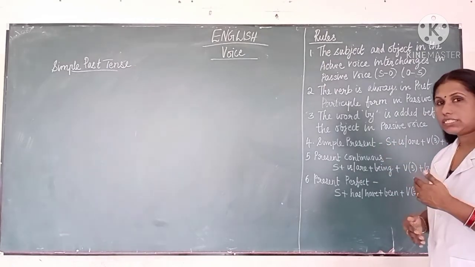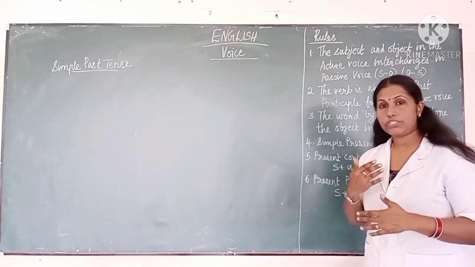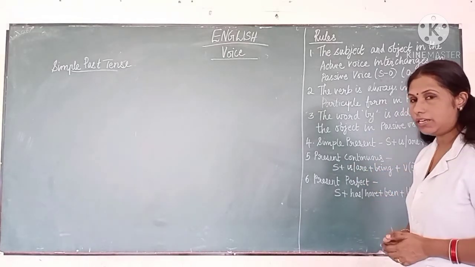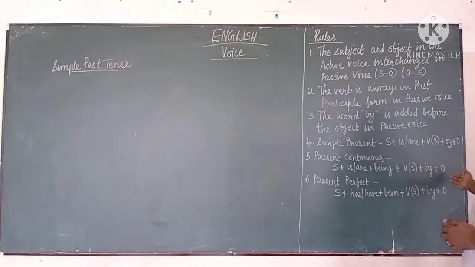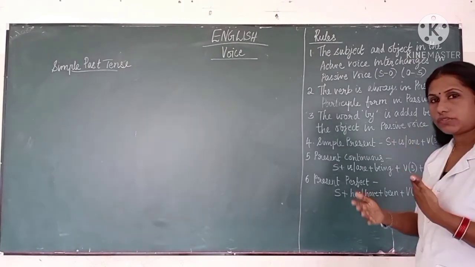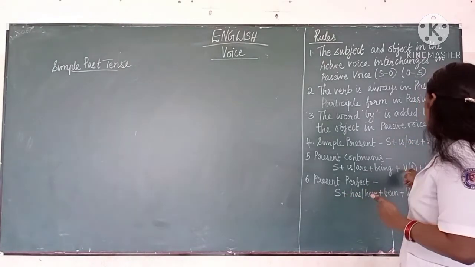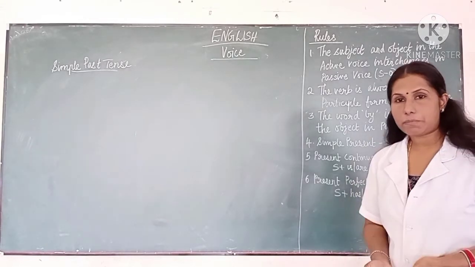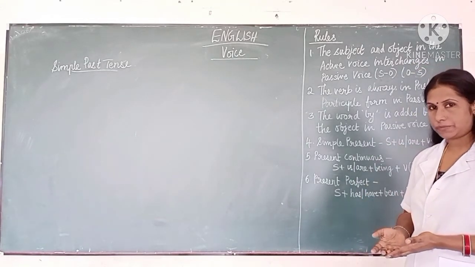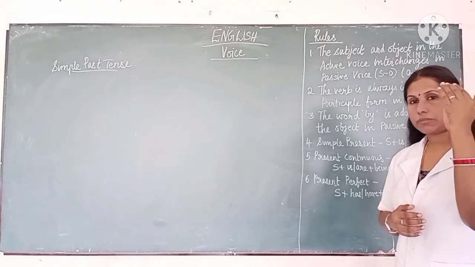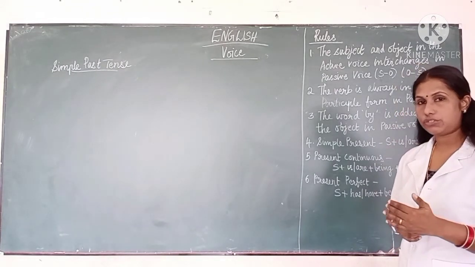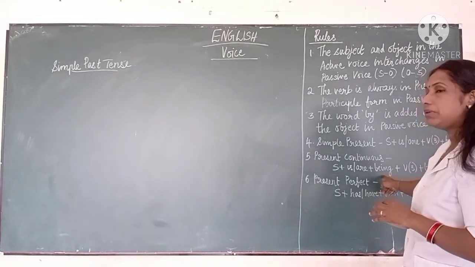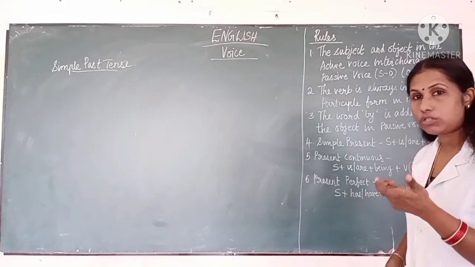To show that it is in the continuous form, we add the word being over there, and the rest of the structure is similar: plus verb in the past participle form, plus by plus object. So the only difference from simple present tense to present continuous tense is that present continuous tense has the word being added before the verb.